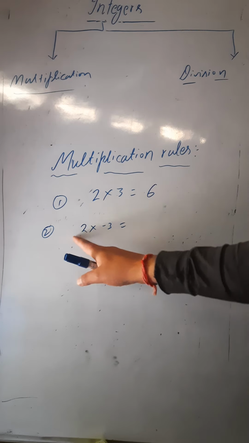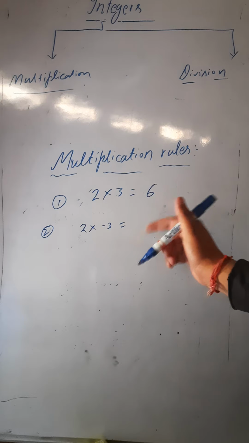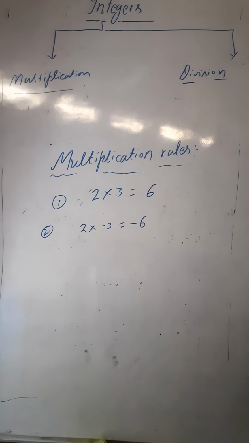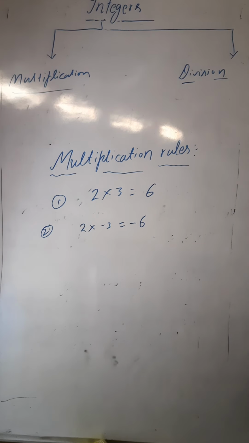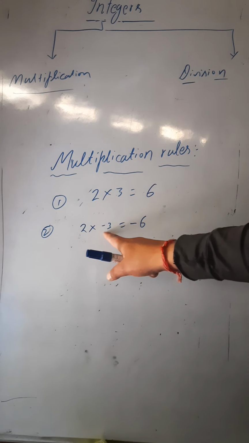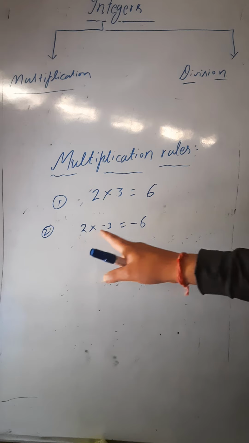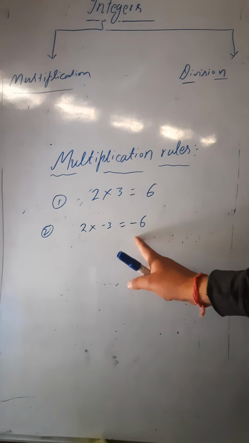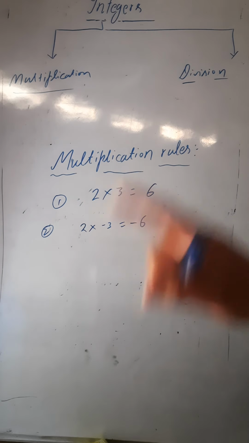When positive and negative integers are multiplying with each other, the sign will be negative. So you write 2 times 3 is 6, with the sign of the answer negative. Is it clear here?